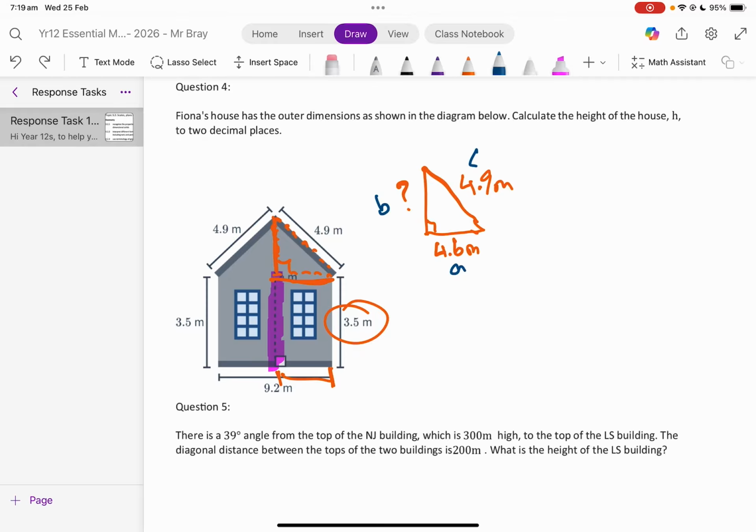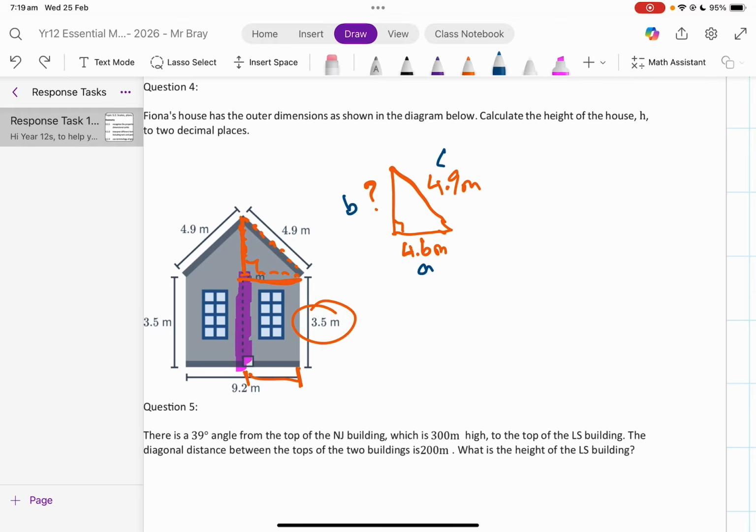So if we looked at our page of notes, we would have noticed that the formula we use when we're solving for a short side is B equals the square root of C squared minus A squared, which becomes 4.9 squared minus 4.6 squared.